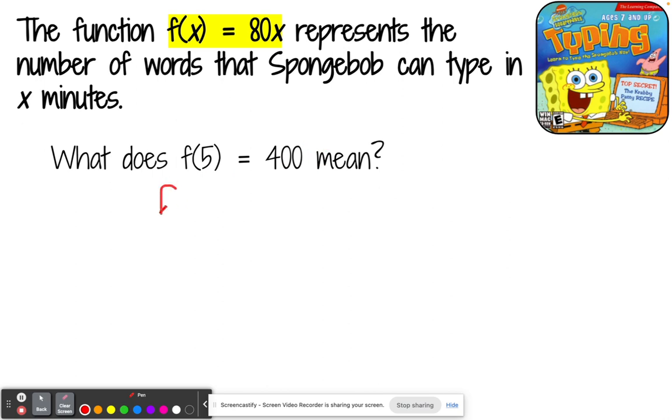Well, that means if I put 5 into this function, 80 times 5, I get this 400. Well, 400 what? This represents the number of words that he can type in this case, 5 minutes. So in 5 minutes, SpongeBob can type 400 words.